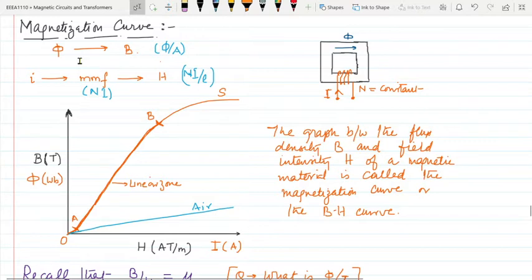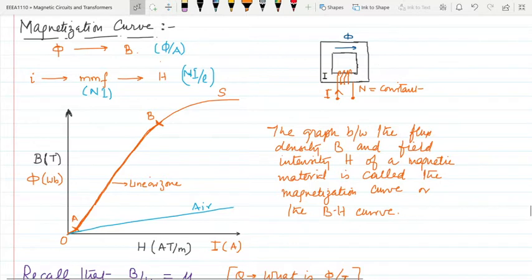Now, before coming to the graph or the curve, let us recall that the flux is proportional to flux per unit area, because the area, the average area of the whole system, has not changed. What I'm changing is only the current. So if flux is something, then flux per unit area will be proportional to the flux, because area is constant.